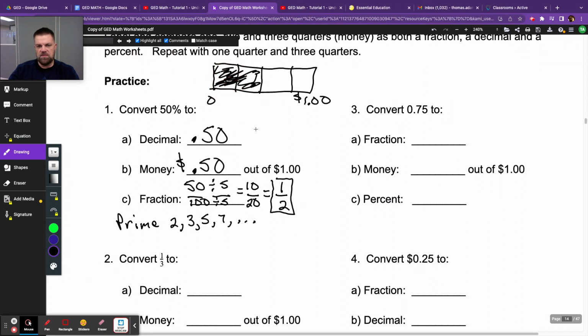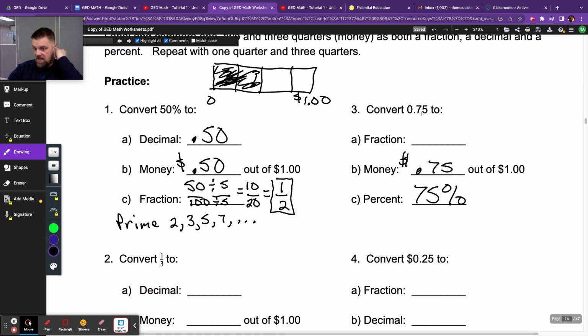Right? So what's 0.75 as a percent? Well, that's just 75%. And for money, that's 75 cents.